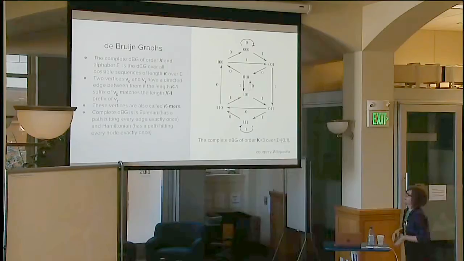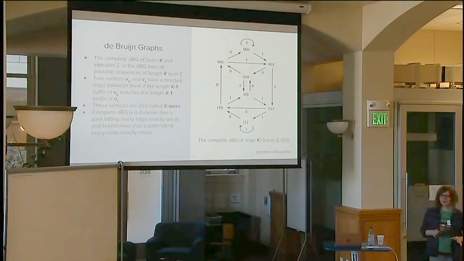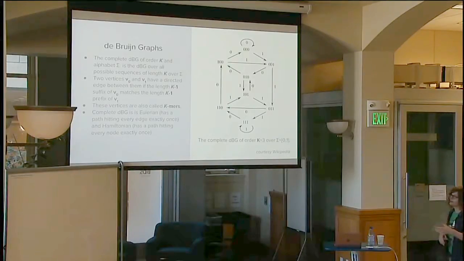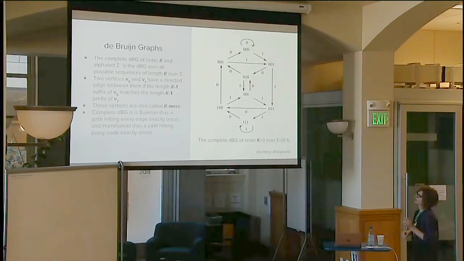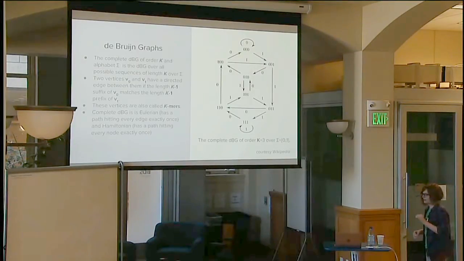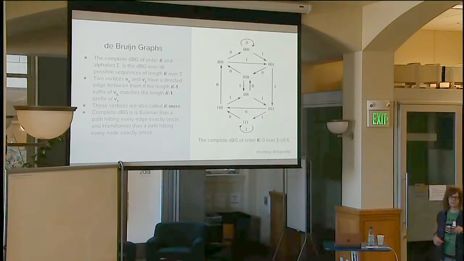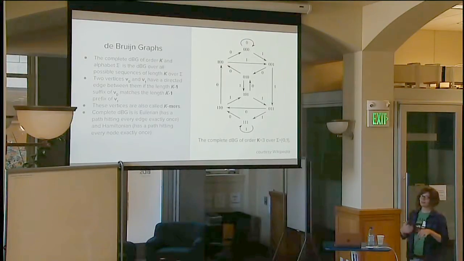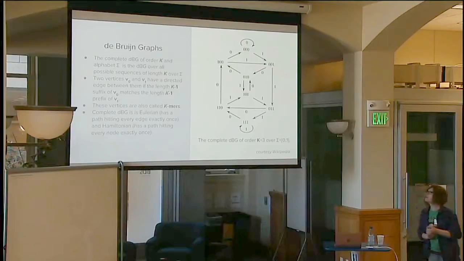So the basic mathematical definition of a complete de Bruijn graph is that a de Bruijn graph is of order k over some alphabet, sigma, and that de Bruijn graph is over all possible sequences of length k over that alphabet. And so we draw an edge between two vertices if the length k minus 1 suffix of the first vertex is the same as the length k minus 1 prefix of the other vertex, right?